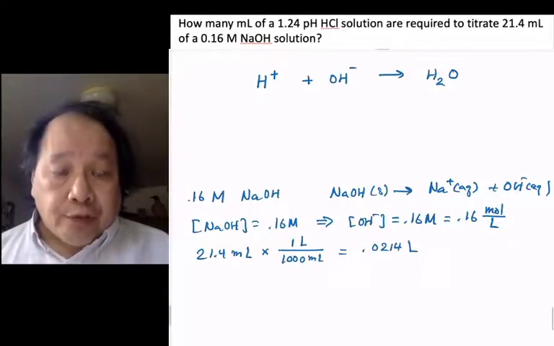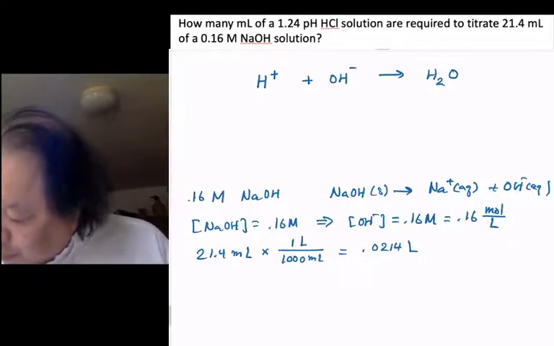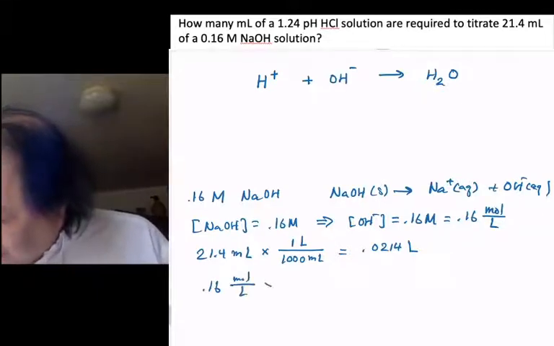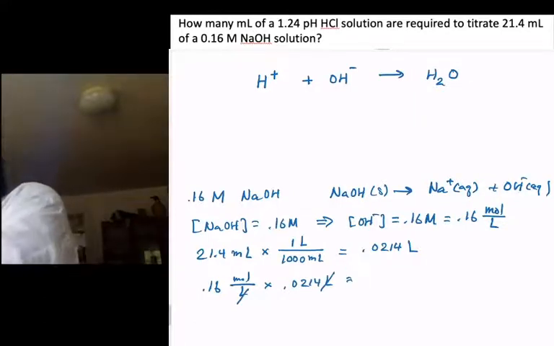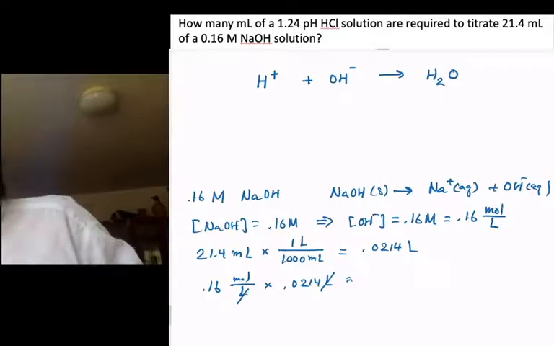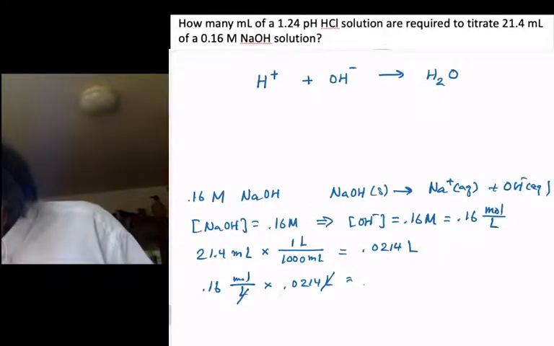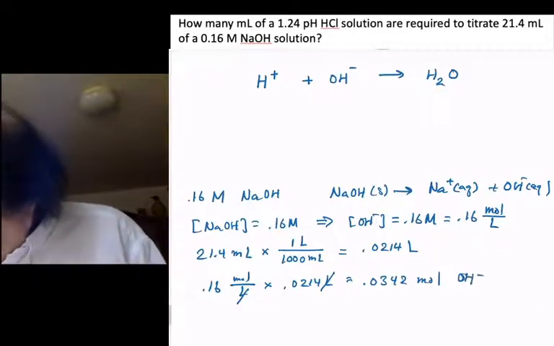And now we can figure out the number of moles. 0.16 moles per liter times 0.0214 liters. The liters cancels, and we get 0.0342 moles of OH minus. And we enter that right here.